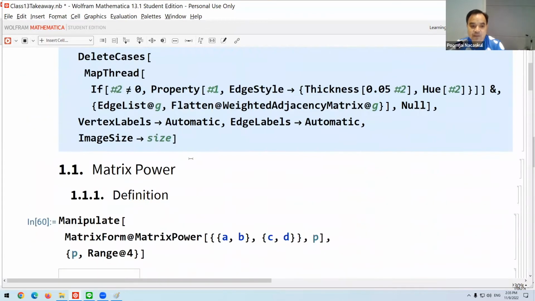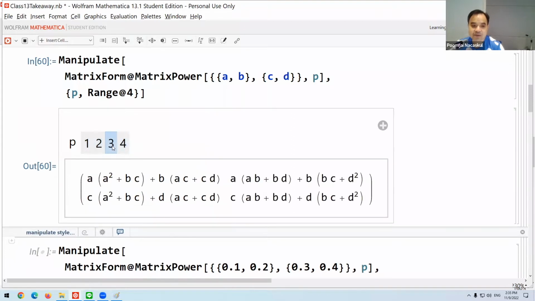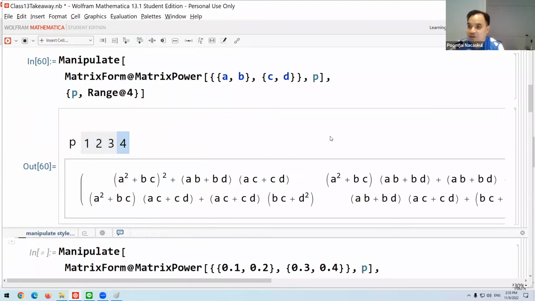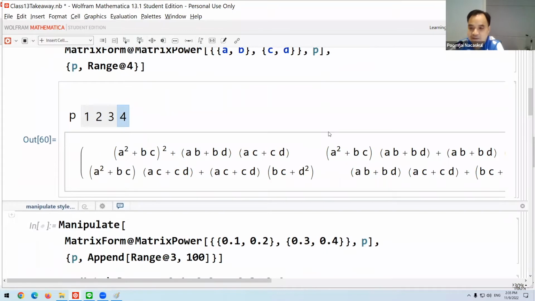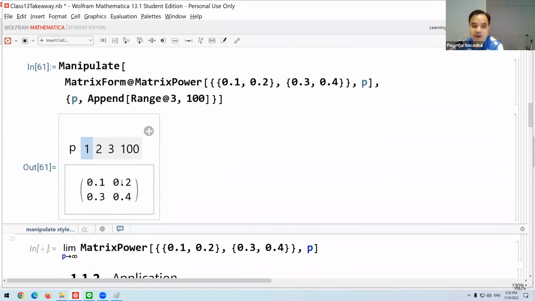Okay. So to the power 2, fine. So you can see that A, B, C, D times A, B, C, D, you get that. To the power 3, to the power 4, it starts getting big, so it's a little bit unwieldy. Anyway, I want to do the same thing, but now I put real numbers in it. So instead of A, B, C, D, I have a matrix of 0.1, 0.2, 0.3, 0.4. Now, you will notice that anytime you have a positive number less than 1, multiplied by a positive number less than 1, it gets smaller, right?